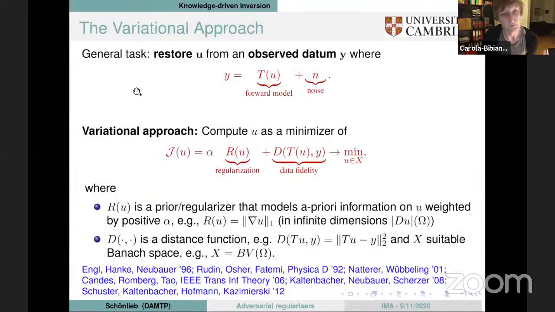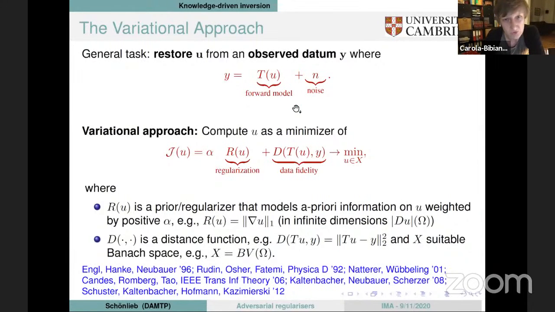Okay, so one approach that I want to connect my learning idea with is the variational regularization approach. And so here, again, I'm starting with my measurement model. So my measurements are y, and what I want to reconstruct is little u.